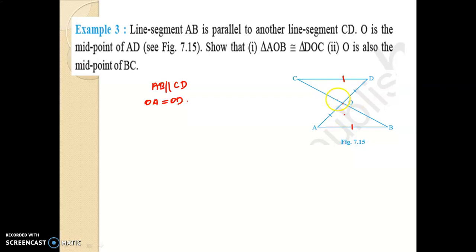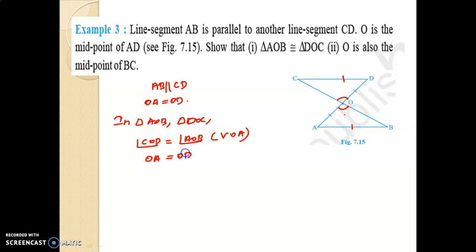Now look here. Are these angles the same or not? Yes, because they are vertically opposite angles. So in triangle AOB and triangle DOC, angle COD equals angle AOB, because vertically opposite angles. Next, OA equal to OD is already given here.